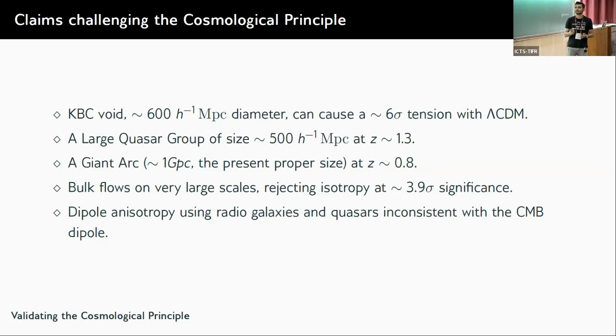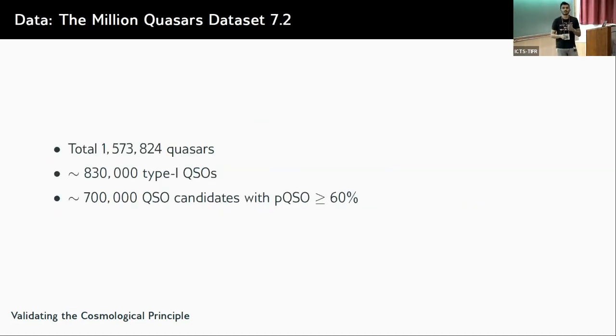Okay, so first I'll describe the data set I'll use for this. The data set will be the million quasars catalog. It has around 1.5 million galaxies, half of which are type 1 QSOs, around half of which have a 60% probability or greater of being quasars.